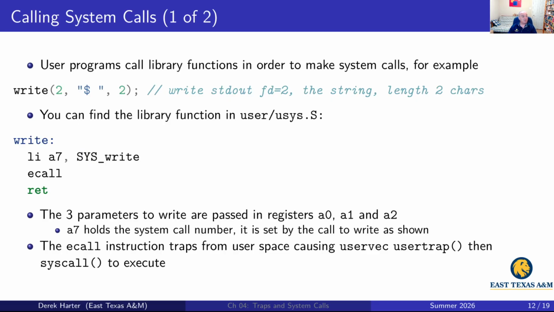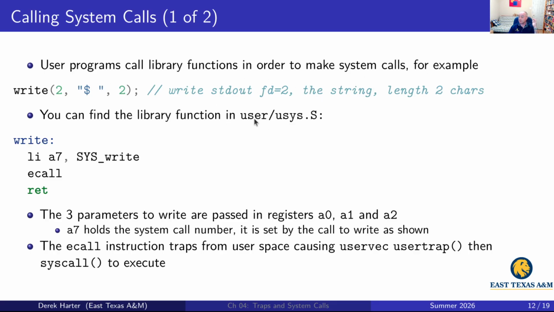Before we leave this topic, let's go back and look in a little more detail at what happens if a system call was what caused the trampoline page to be used, to change from user mode into kernel mode to handle a system call. User programs call library functions in order to make system calls.